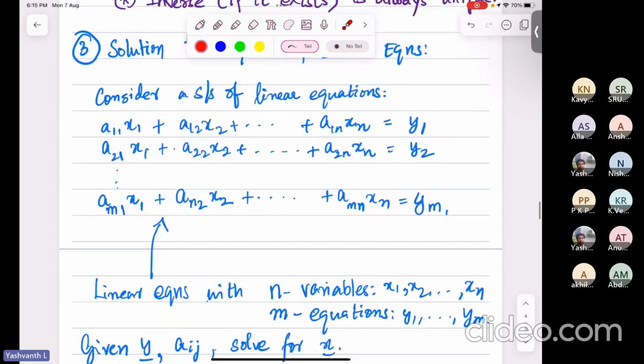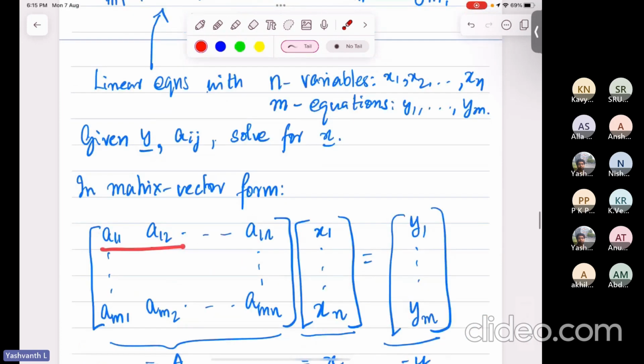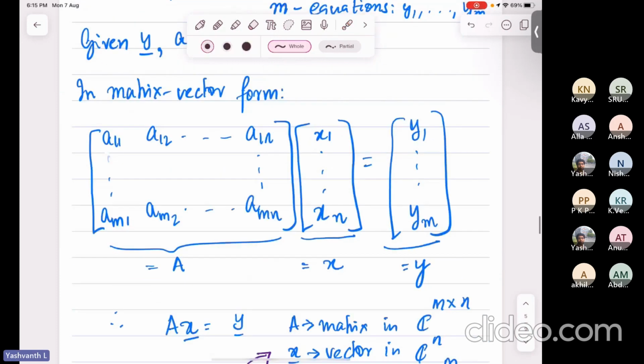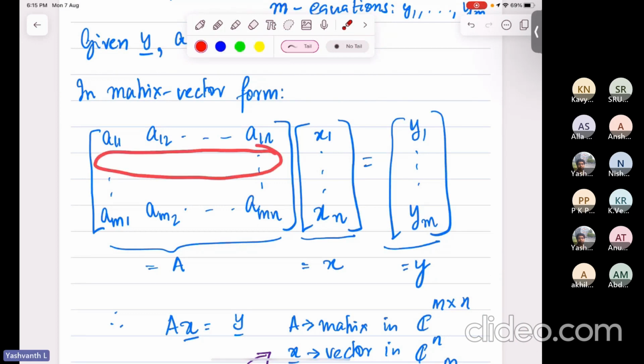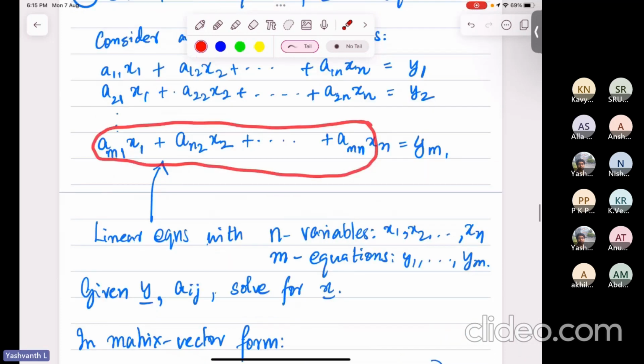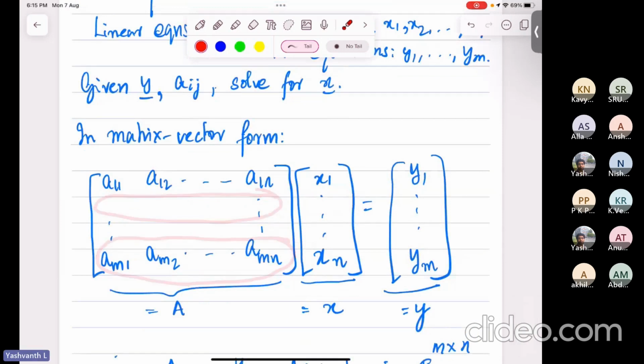Collect all the values a11, a12, and so on till a1n and make that the first row of the matrix A. From the second equation, collect all the coefficients of the variables and stack them as the second row of the matrix A. Similarly, take the last equation's coefficients and stack them as the last row of the matrix A.